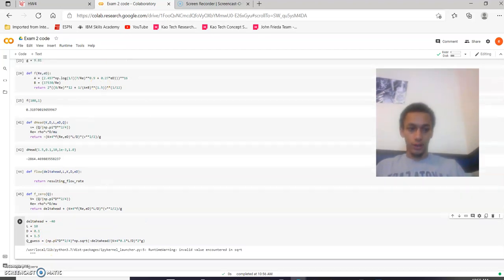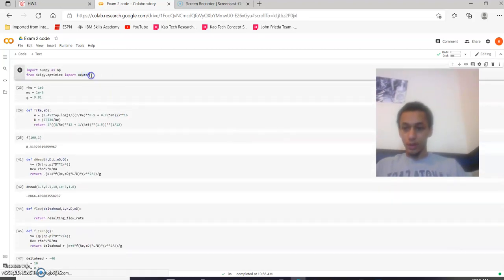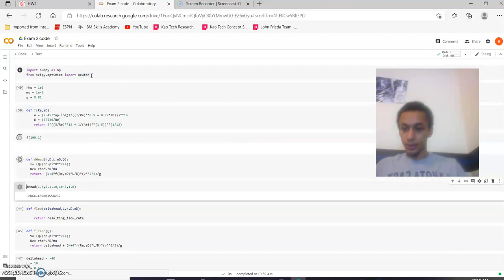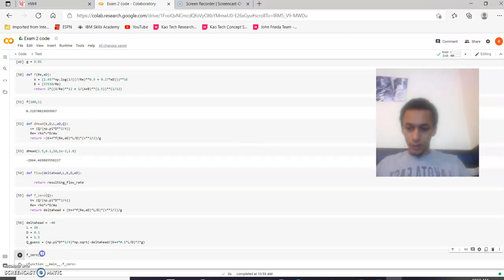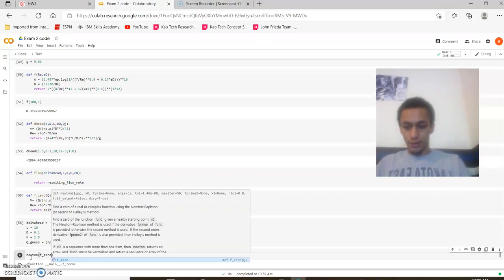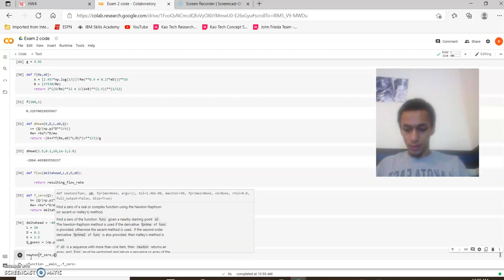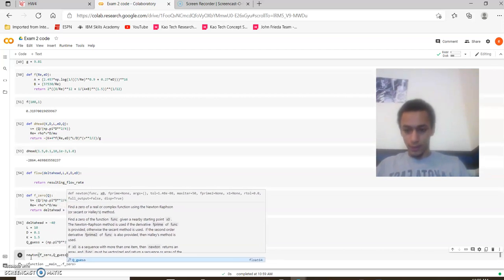I think I'm going to have to actually import. I did have an import Newton up here. So, okay, yeah, so import, and then we're good to go. So that's what I have, Newton F to 0, Q, yes, shift enter.